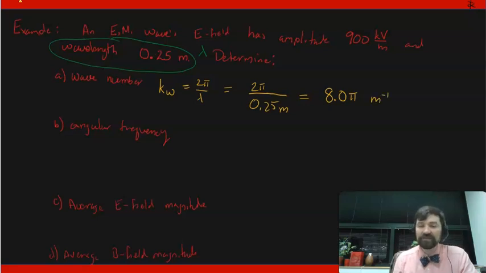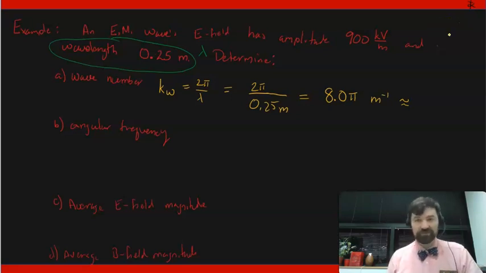That's a valid answer. If we want an approximate answer, then we would multiply 8 by pi, thus obtaining about 25.13. So with two significant figures, this is about 25 inverse meters.